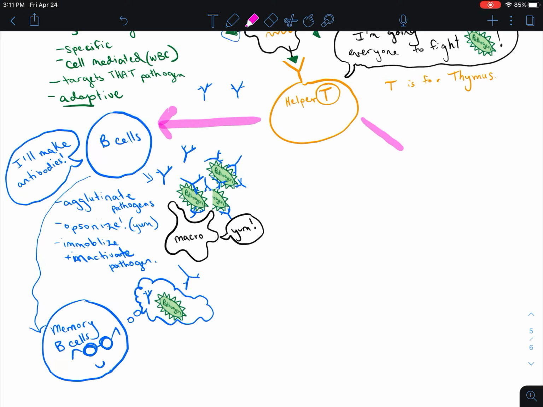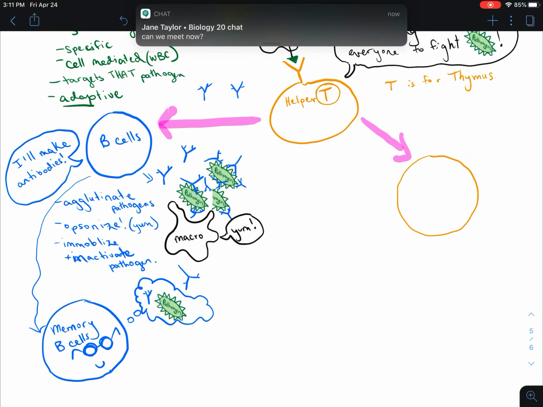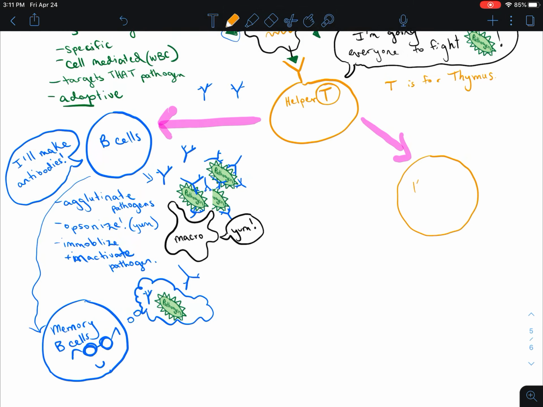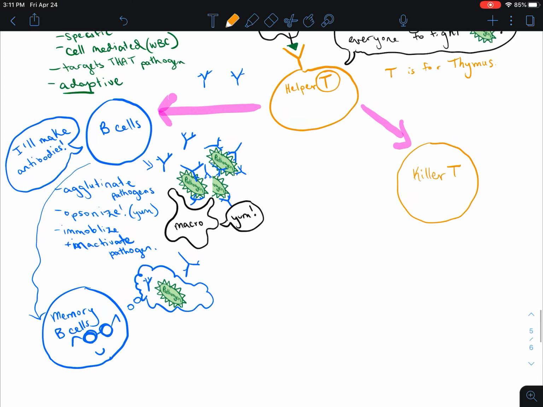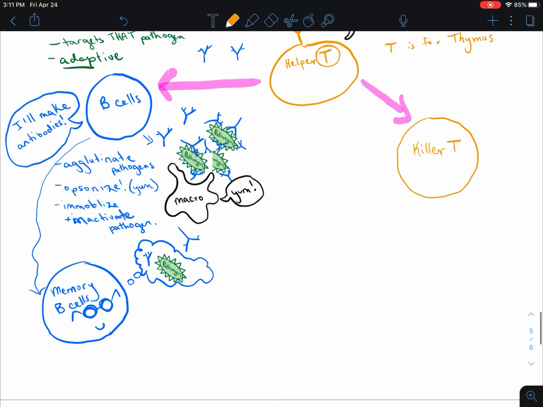Now let's talk about another type of T cell that's really important. Okay, so this next T cell is called a killer T cell, and this is basically the assassin in your immune system.